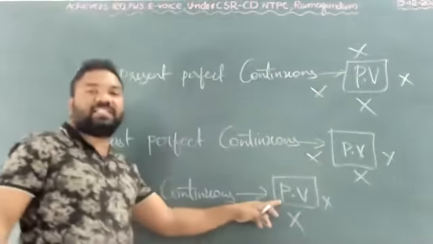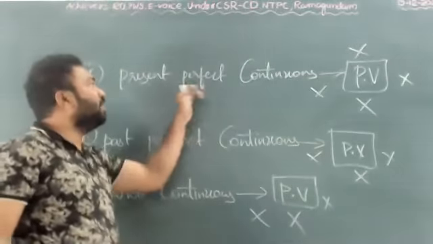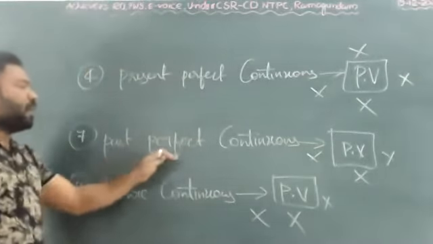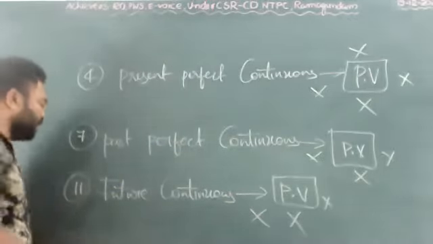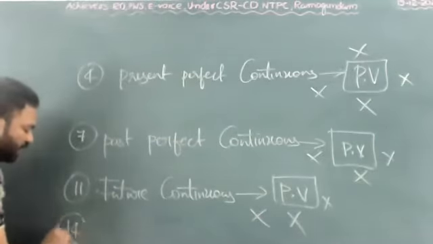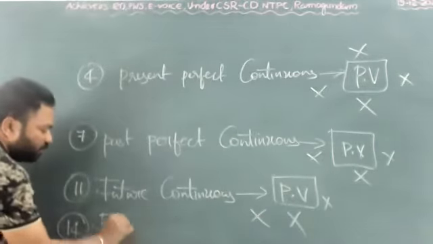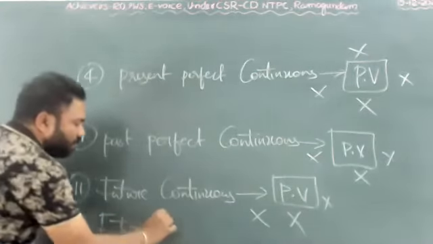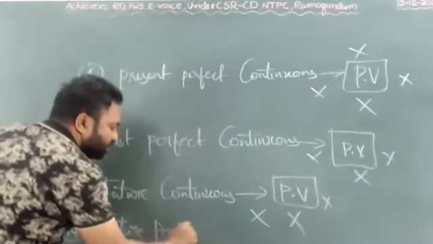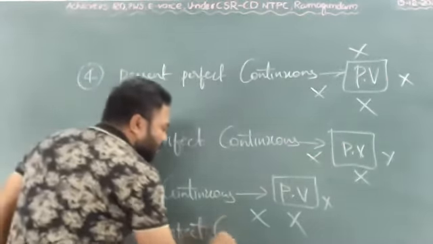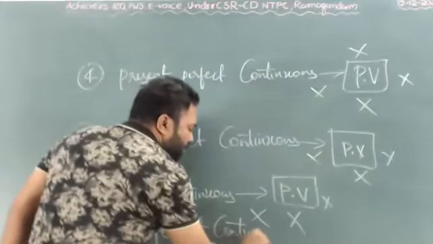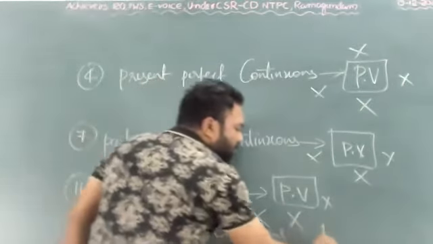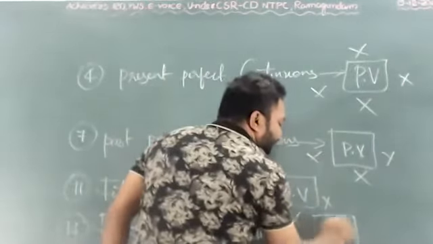PV is what you know, passive form. There is no passive form for present perfect continuous, past perfect continuous, future continuous, and also, students, 14th one, future perfect continuous. But this also, we don't have any passive voice.